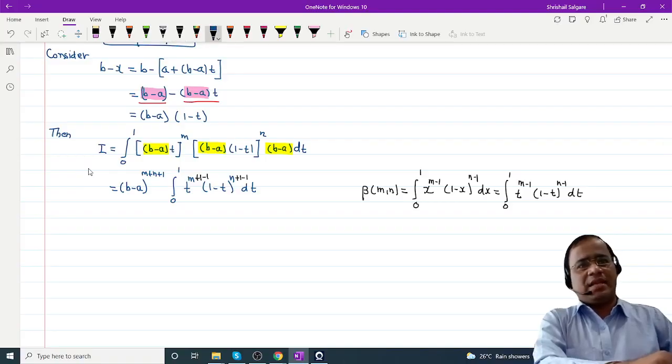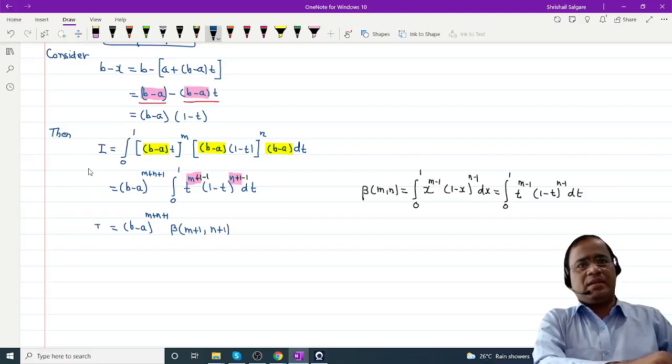So this can be written, using the definition, as (b minus a) raised to m plus n plus 1 times beta. What are the parameters? I am highlighting that: m plus 1 and n plus 1.